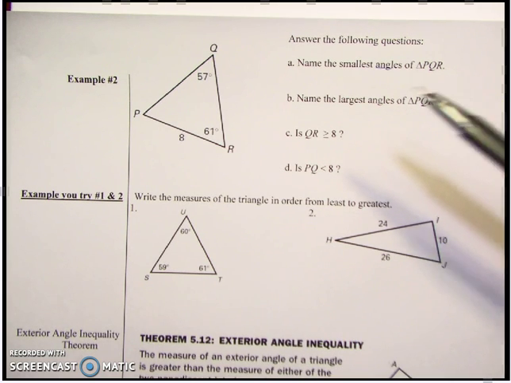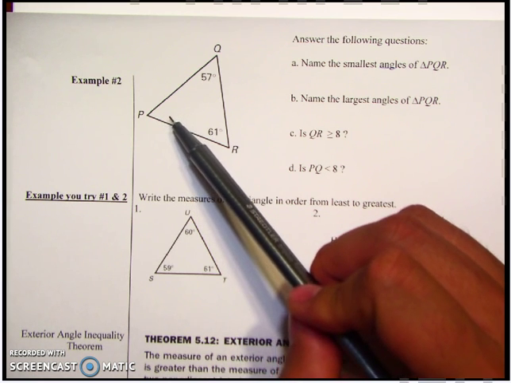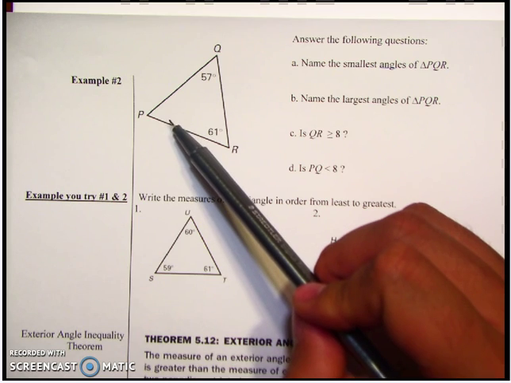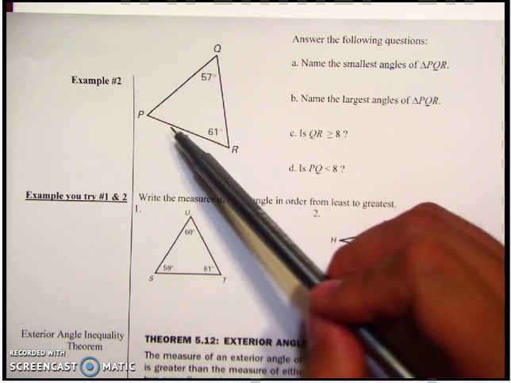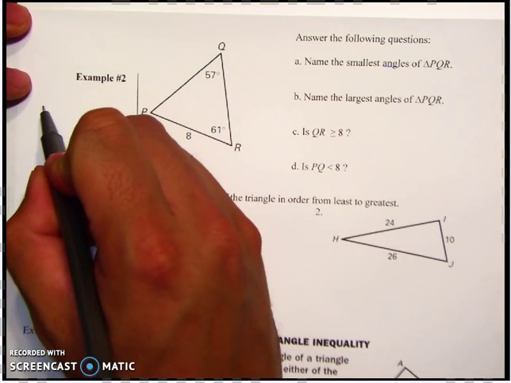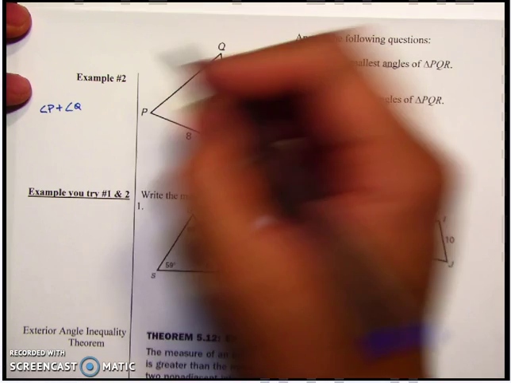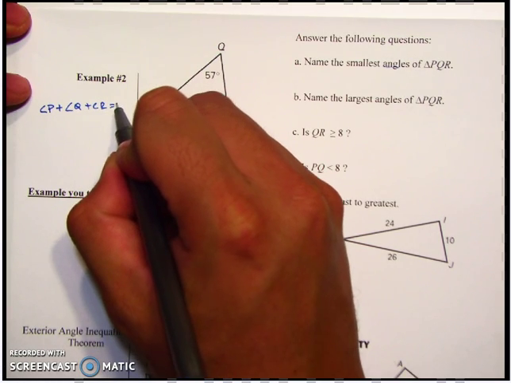Now, before you do anything, you need to find that missing angle here. So, triangle will give you how many degrees? 180 degrees. So what I would do is I'll add these two. But let's go ahead and set it up. Angle P plus angle Q plus angle R give you 180 degrees.